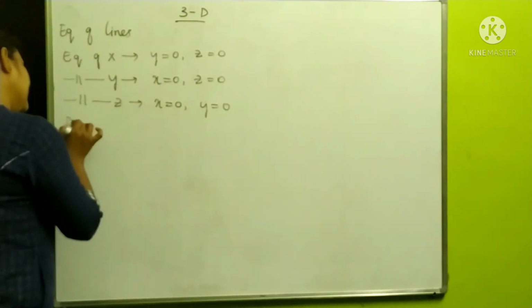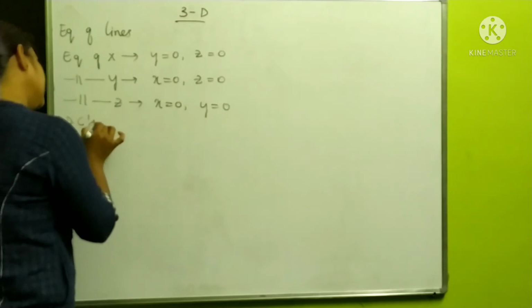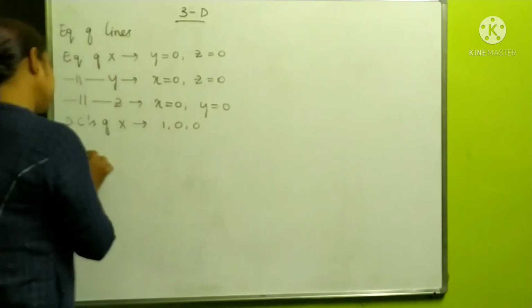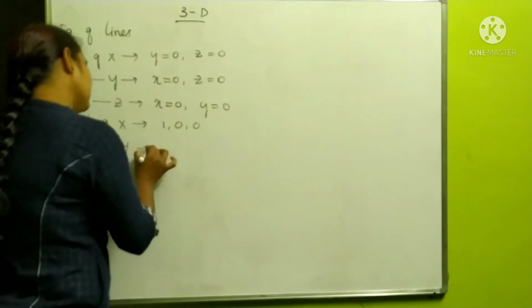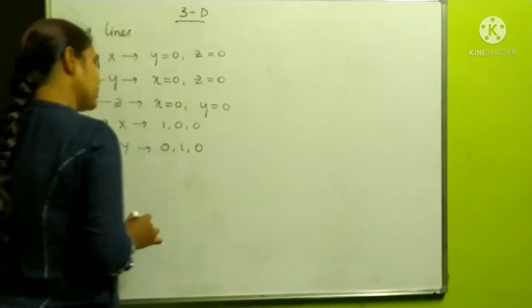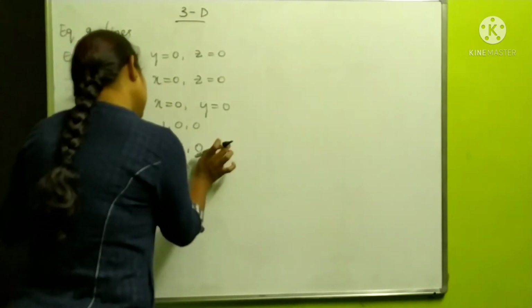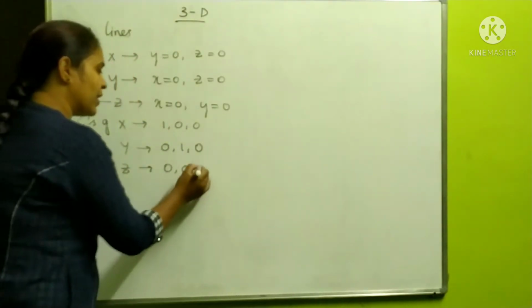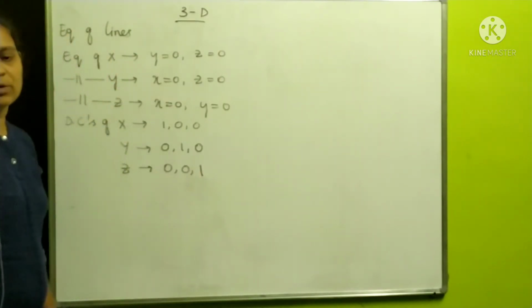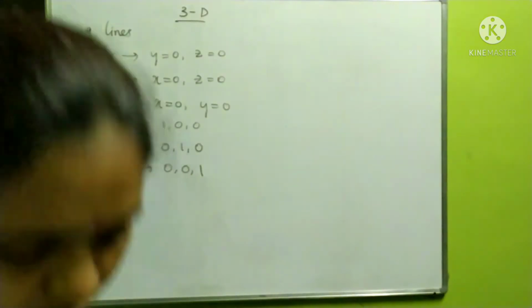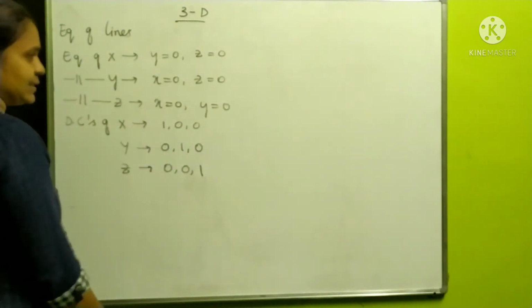Direction cosines of x-axis is 1, 0, 0. Direction cosines of y-axis is 0, 1, 0. Direction cosines of z-axis is 0, 0, 1. Okay. Now, let me discuss about equations of lines.